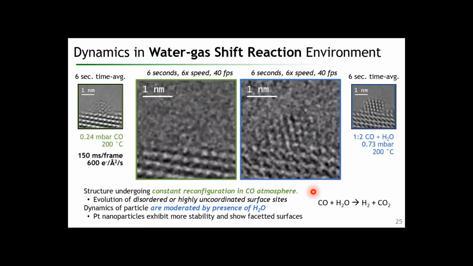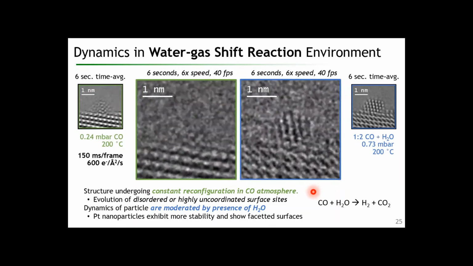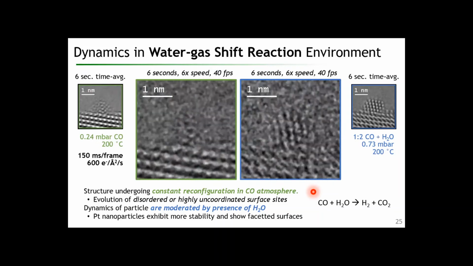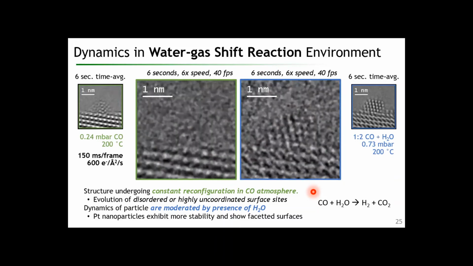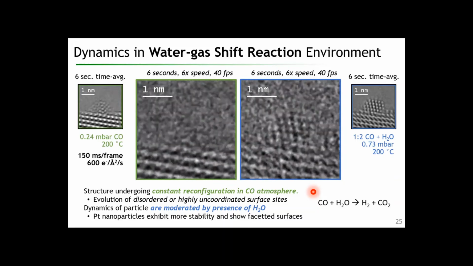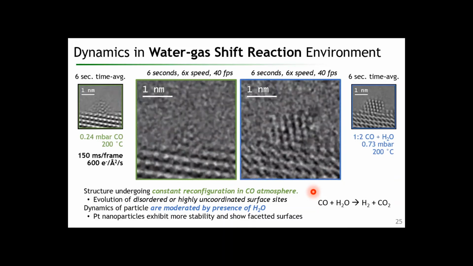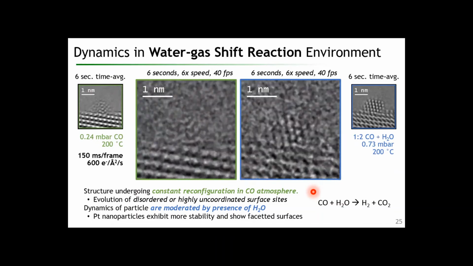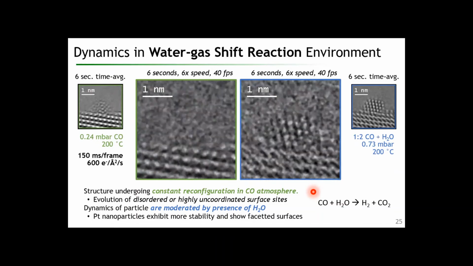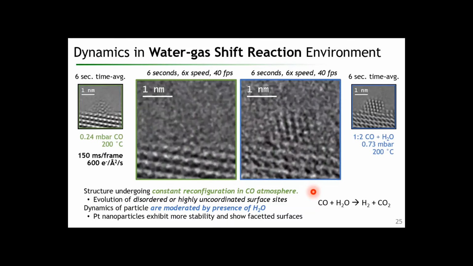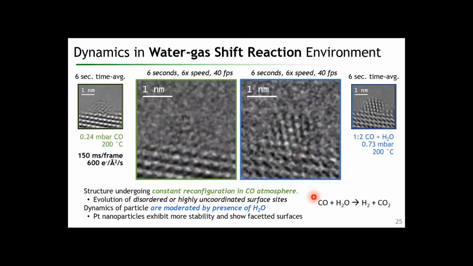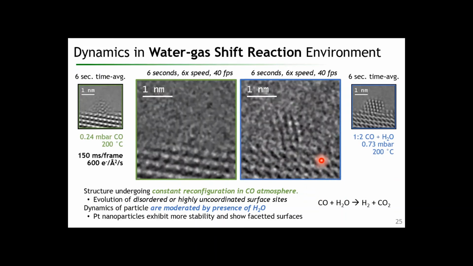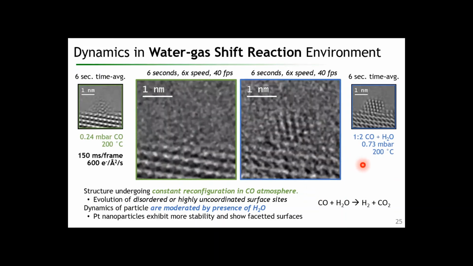This was a bit surprising when we first started this project because the catalyst particle is completely dynamic. There's constant reconfiguration of the nanoparticle structure, most likely due to diffusion along the surface or to the evolution of less coordinated sites because of the bonding with CO in the gas. When we introduce water, you can see that the particle is actually stabilized.